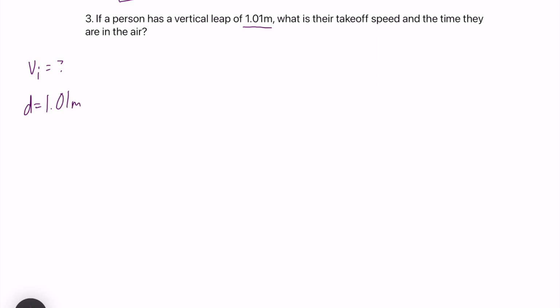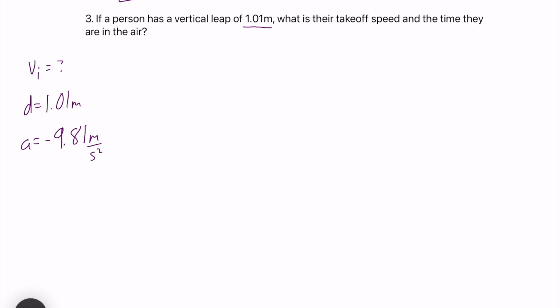So if you remember back from last video, the acceleration that gravity has on an object is going to be 9.81 meters per second. However, because this person is moving upwards, gravity is fighting against them, which means our acceleration has to be negative 9.81 meters per second squared, because the person is slowing down as they gain altitude.